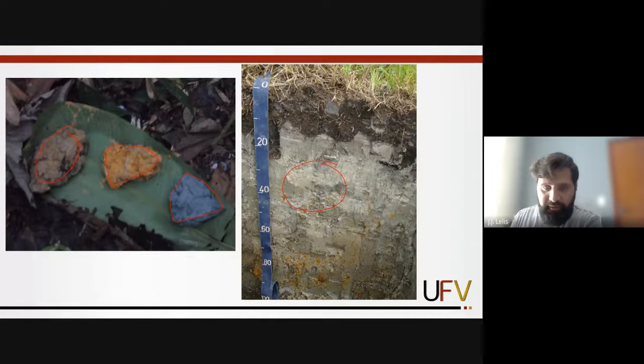Here we can see some redoximorphic features also, concentration of iron again, but here we can see a gray color that evidences a loss of iron or a concentration of reduced iron.